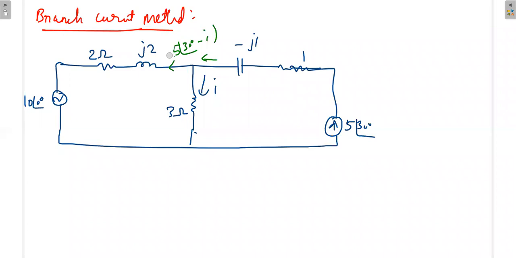Again you can apply KVL in this loop, because you cannot apply anything here since you do not know the voltage across this current source.